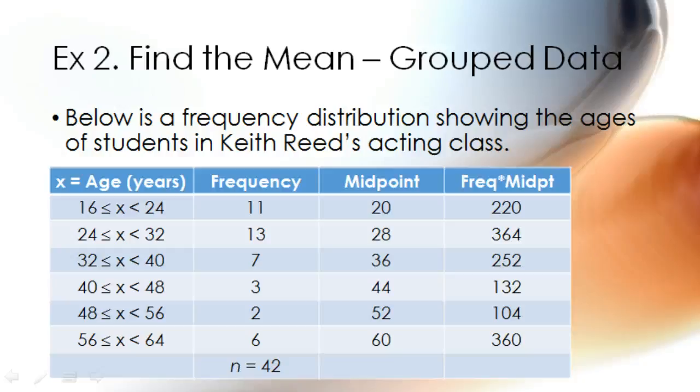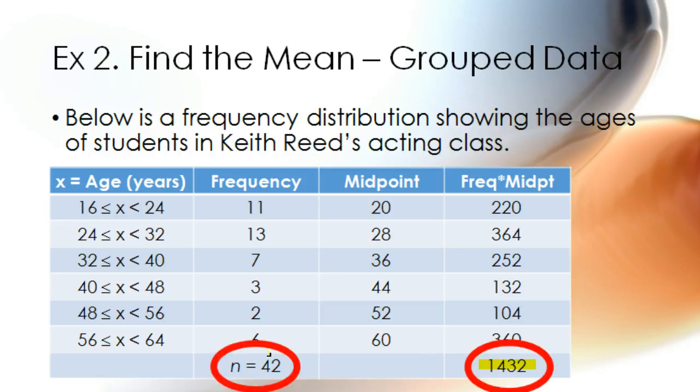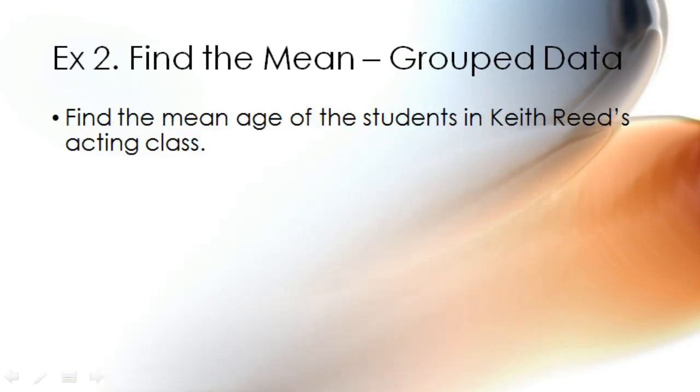To find the mean, we need to take the total number of years in the entire class and divide by how many students there are. Here we have the total years, 1432, and we know there are 42 students in the class. To find the mean, the formula for group data says to add up all of the frequency times midpoints, that's what we just did, and divide by n.